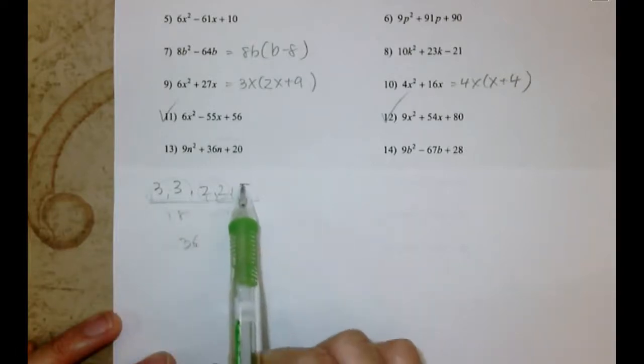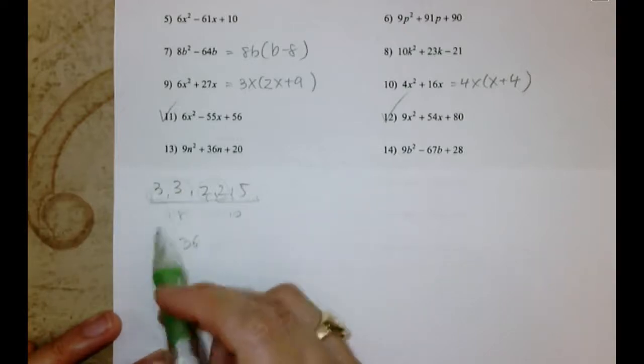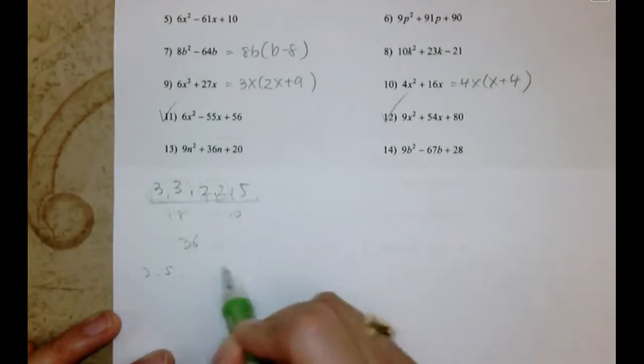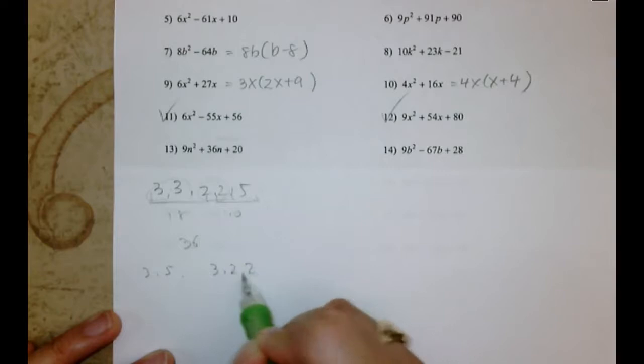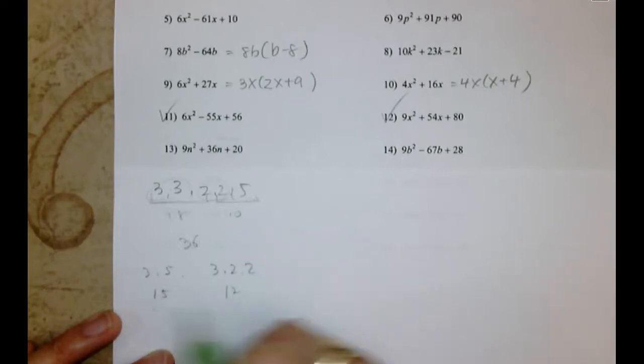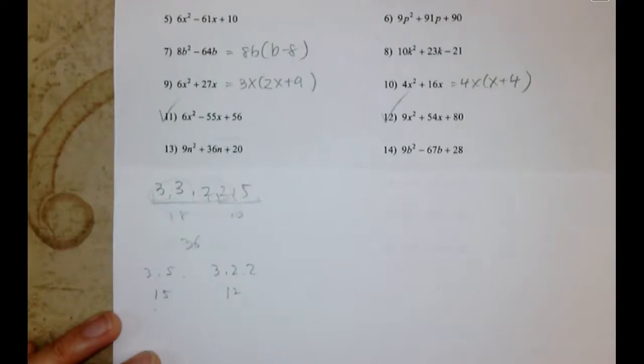So let's try 15. So let's do 3, 5, and then 3, 2, 2. So it's 15, 4, and 12. That's 27. So that doesn't work. Let's do 3, 3, 5, and 2, 2. So that is 9, 4, 9, 5, 45, and 4.